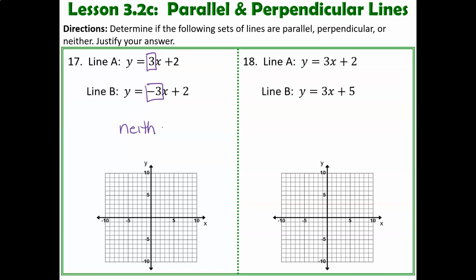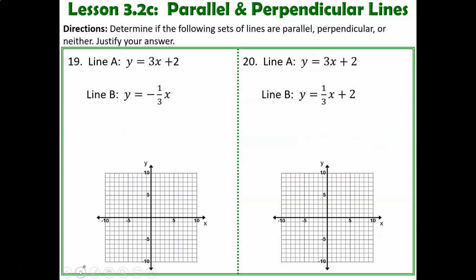And finally, number 18, A is 3, B is 3. The same slopes make them parallel. We can write same slopes. Is that it, or do we have more? That's it. Oh, no, we have more. I lied. 19. So we have 3 for A, negative 1/3.